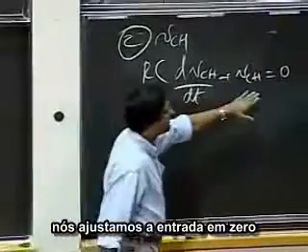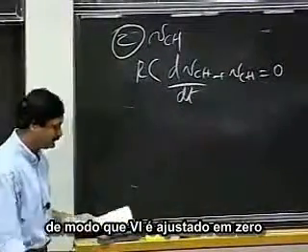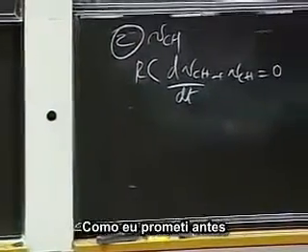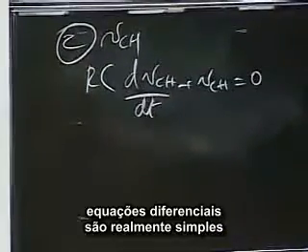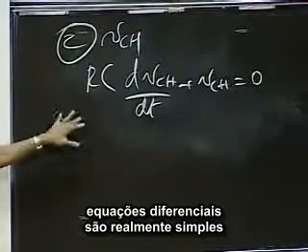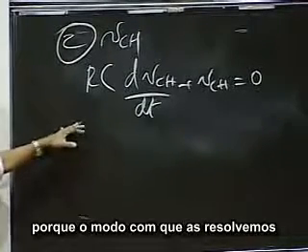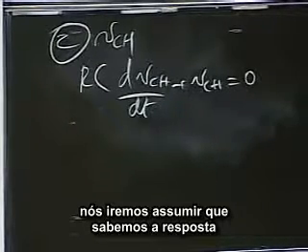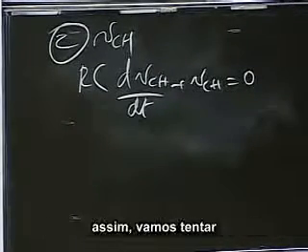So we set the drive to 0, so VI is set to be 0, and I need to find a general solution to this. As I promised earlier, differential equations are really simple because the way we're going to solve them is we're going to assume we know the answer, and then go check it.